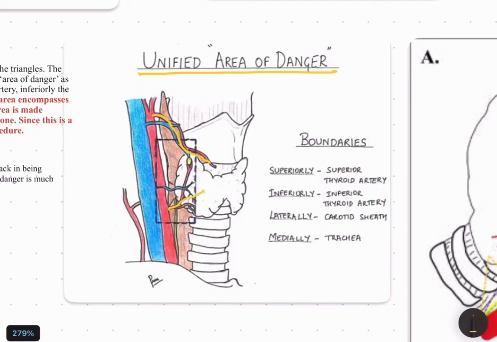Inferiorly, it has the inferior thyroid artery. Laterally, you can see the carotid sheath and its contents. And medially, you will be having the trachea. So this is the area that is formed, the unified area of danger.